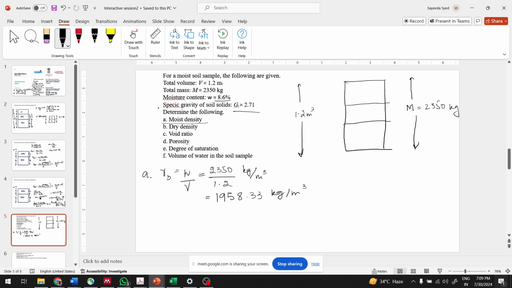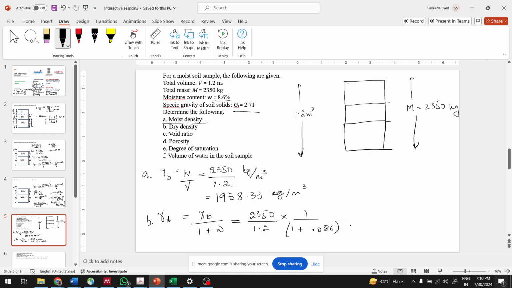This is simple. Next, the dry density. We know that gamma dry is equivalent to gamma b over 1 plus W. This will be 2350 over 1.2, times 1 by 1 plus 0.086.